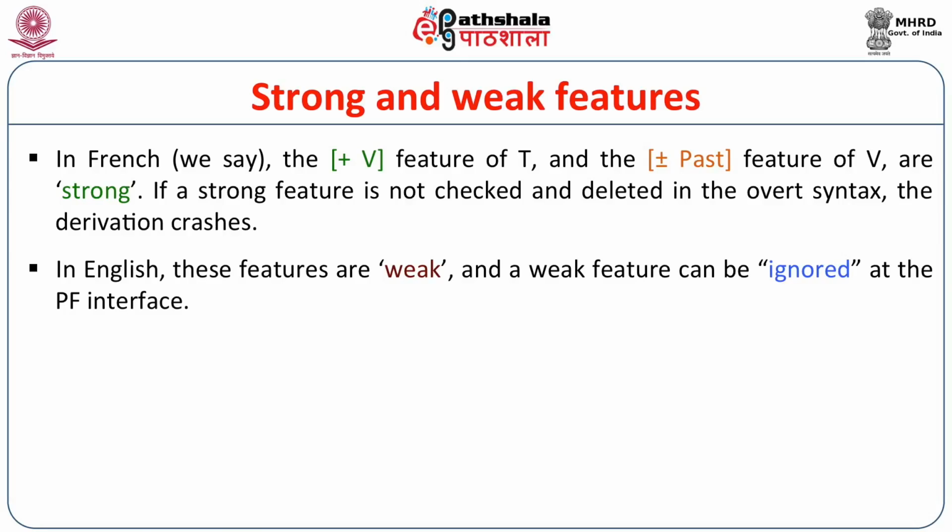The plus V feature of tense of modern English is weak. It need not be deleted. It does not make the derivation crash. So there is a distinction between weak and strong features in minimalism.